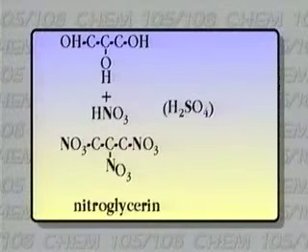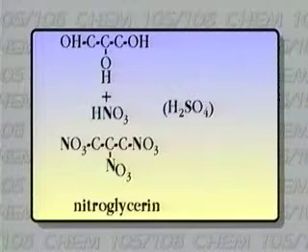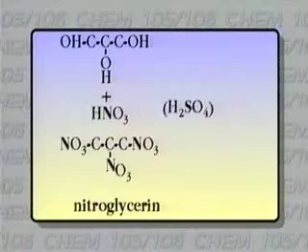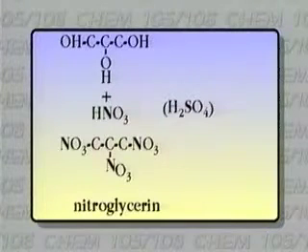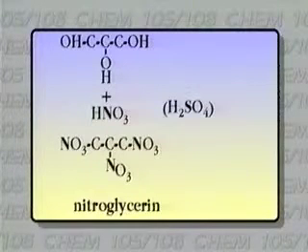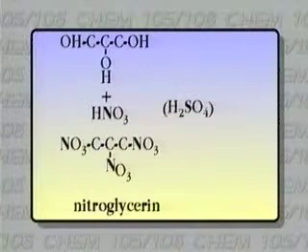And so if you get this very warm, nitroglycerin becomes unstable, and when it becomes unstable, of course, it explodes. And so the production of nitroglycerin is a somewhat hazardous type of production. It has to be properly cooled in order to maintain its stability.